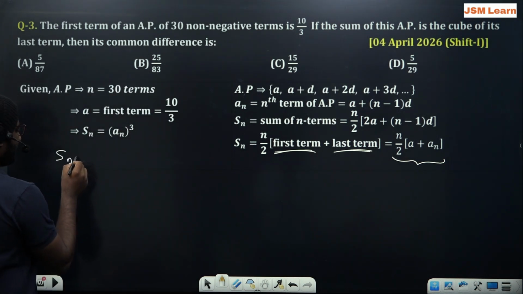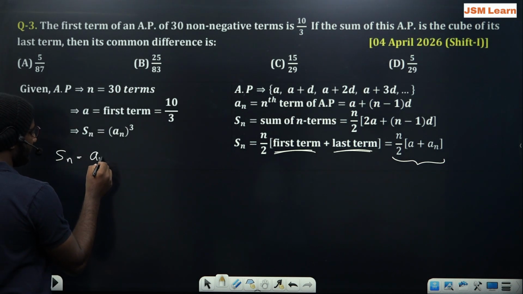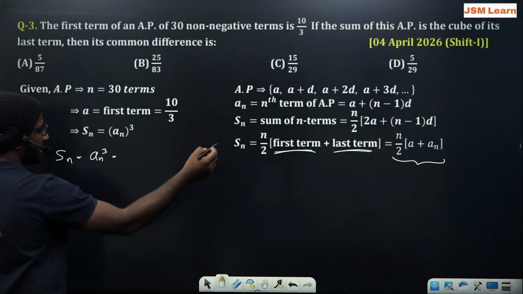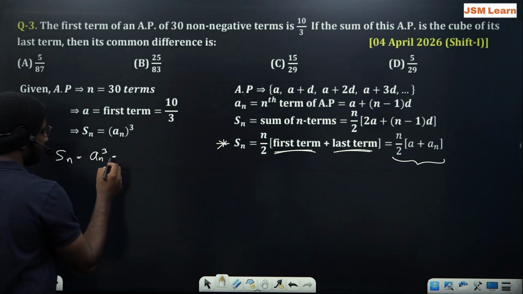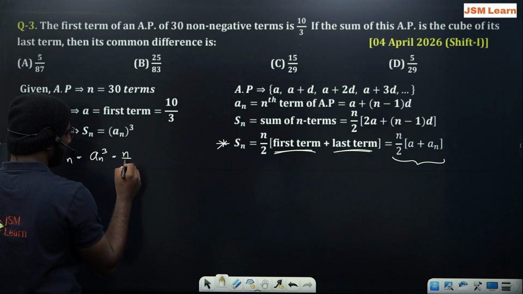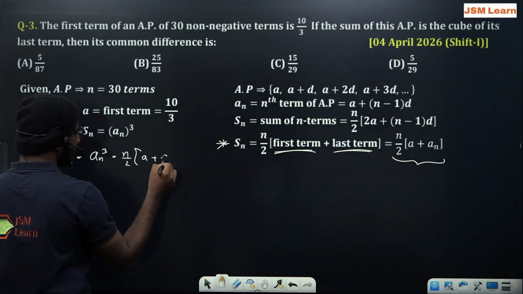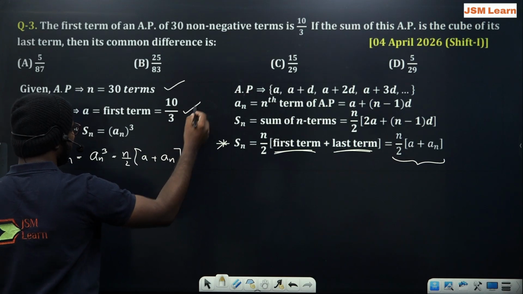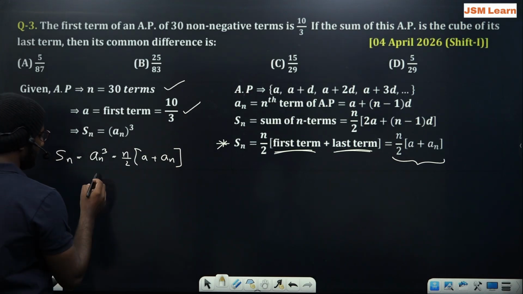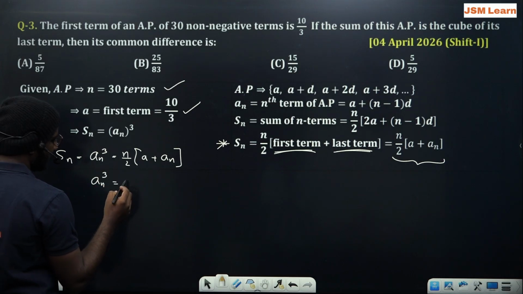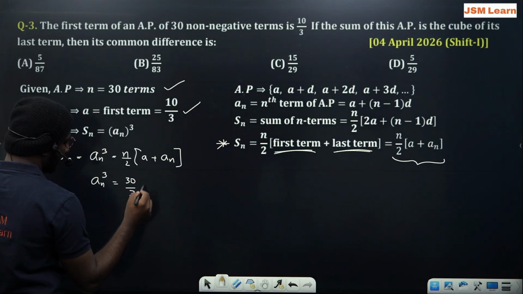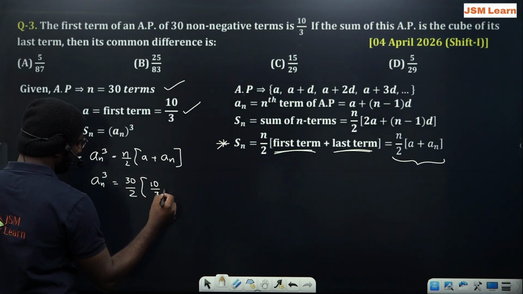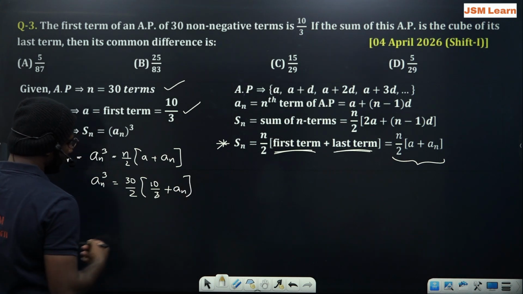So it is given that Sn is equal to An cube. By using this formula, Sn is equal to n by 2 times (A plus An). Here n is equal to 30 and A is equal to 10 by 3. We'll substitute the n value and A value. An cube is equal to 30 by 2 times (10 by 3 plus An).